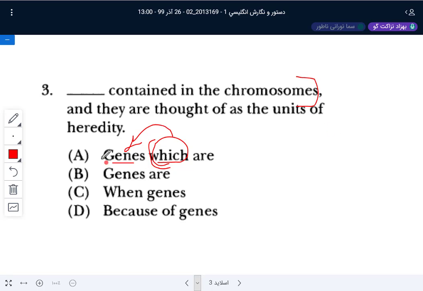So this is a fragment. And that is why choice A is not the best choice. And as you said, choice B is the best choice. We have the subject, we have the verb are contained in chromosomes. So it is a complete thought. And then we have two main clauses connected with a coordinate conjunction.